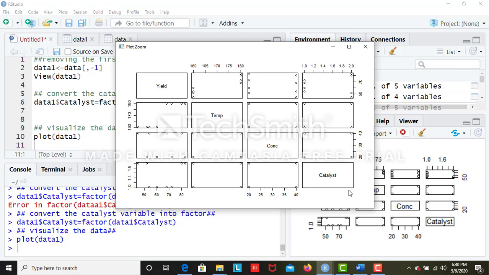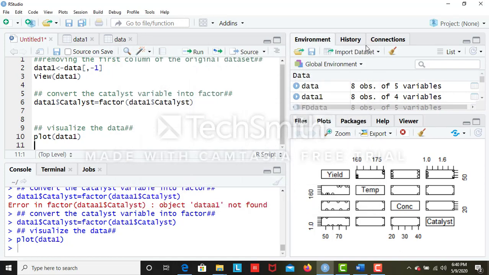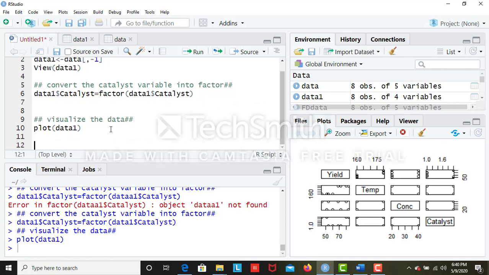So this gives me a fair idea of how the data looks like, and this will actually inform my analysis in R. So now that we have a visual knowledge of the data, the next thing I'm going to do is to find out whether the factors interact among themselves. Because if there is interaction among the factors, we will have to consider that in this analysis.